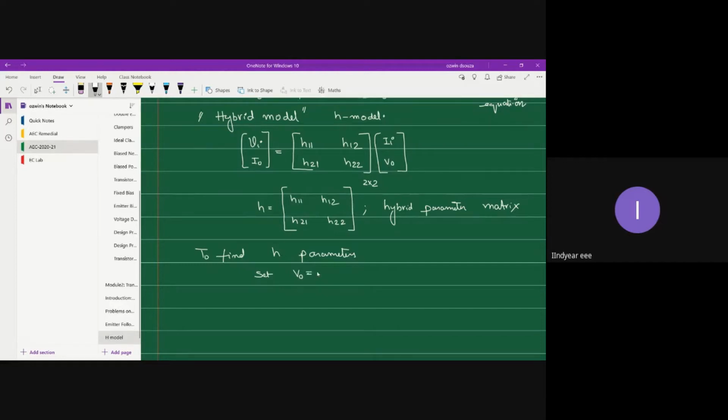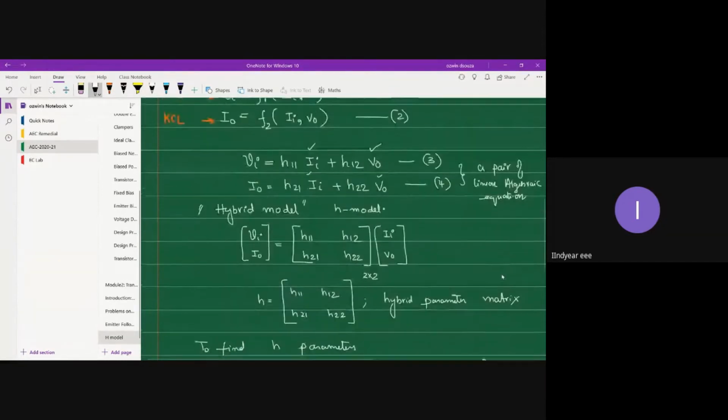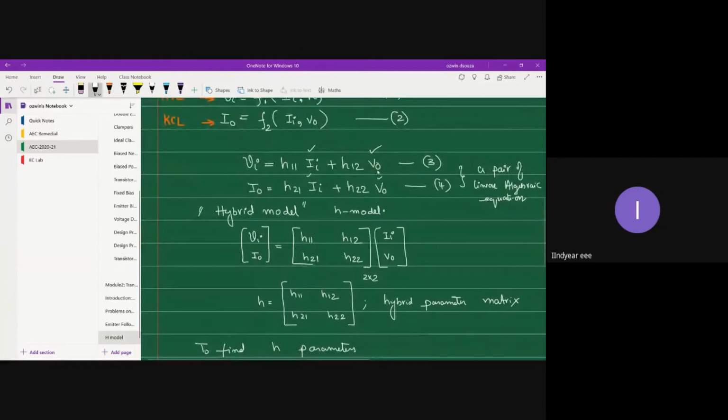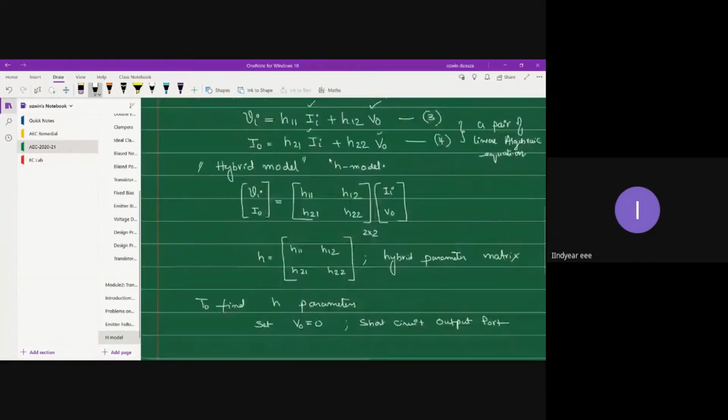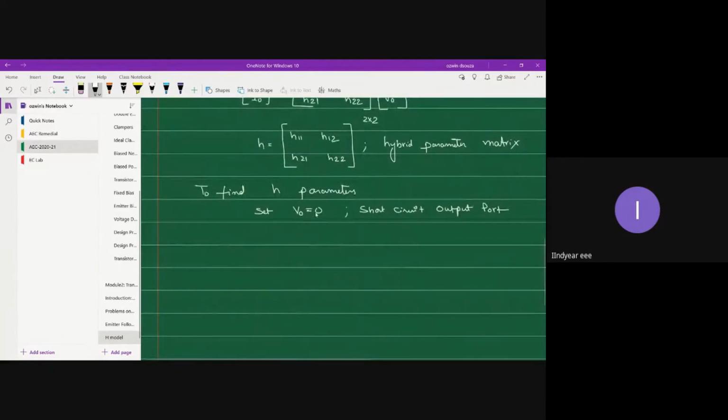Set V0 is equal to 0. That means short circuit the output port. We are trying to force one of the variables to 0 so that you will be able to take out the ratio. So set V0 is equal to 0.